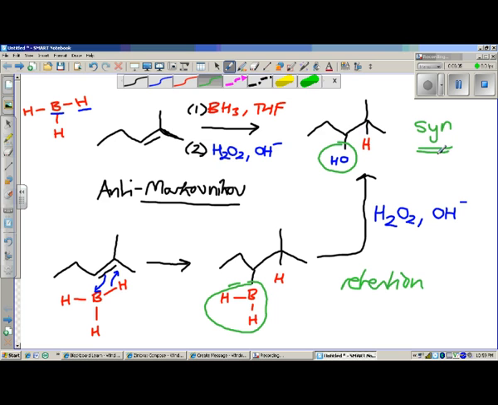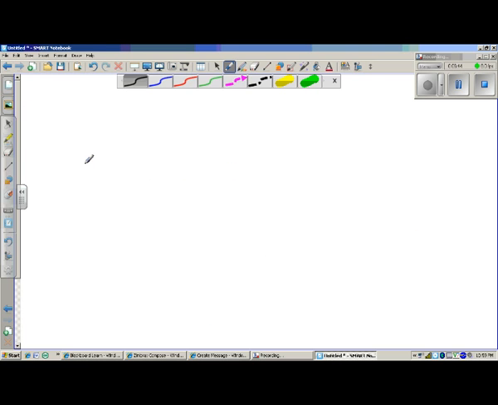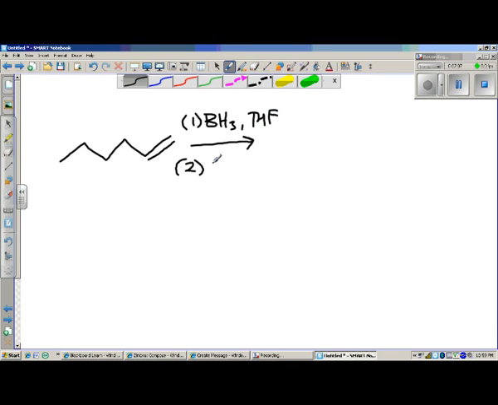But the important thing is not so much the syn addition, the fact that we have anti-Markovnikov regiochemistry, and that's what makes this reaction unique. So if I was to give you this reaction, and I was to say, well, okay, here are the reagents.